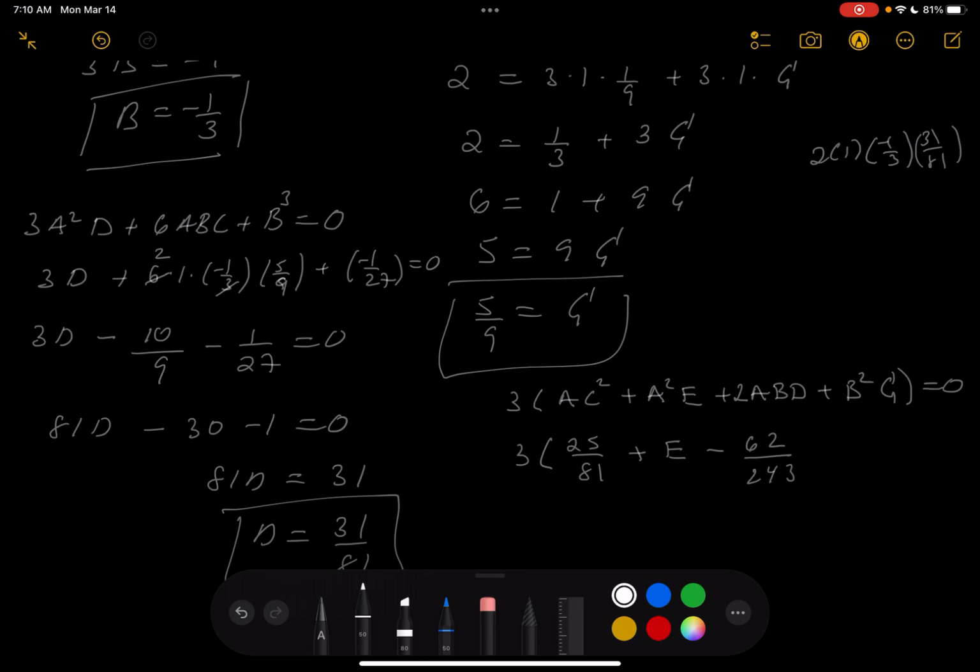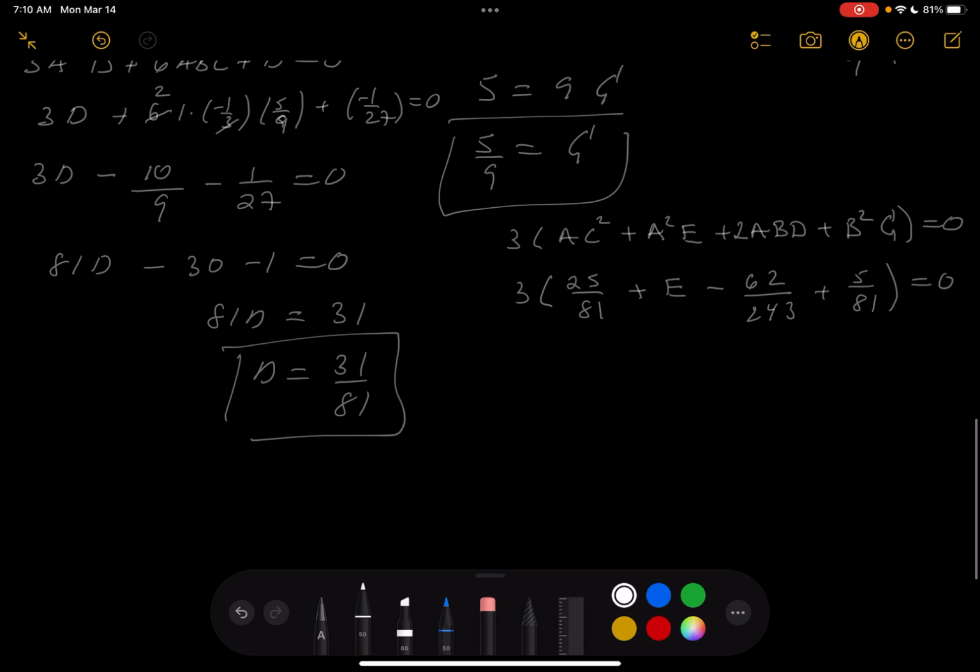All right, now we got to do the b squared. Let me get my eraser out. Do the b squared. That's 1/9. And then the c, and the c is 5/9, and that's going to be 5 over 81 equals 0. I'm going to multiply by 3, and you get 25.